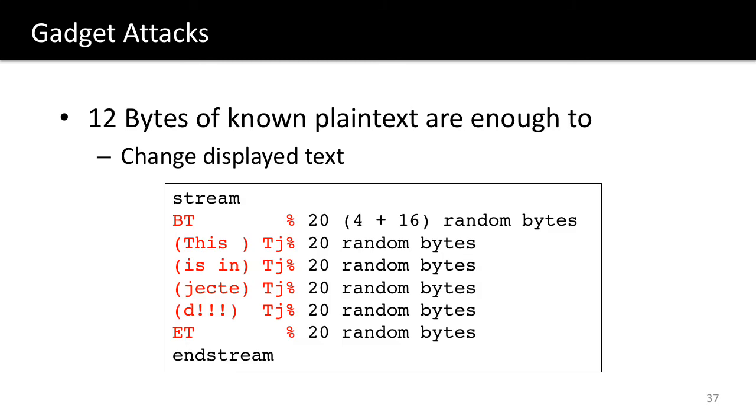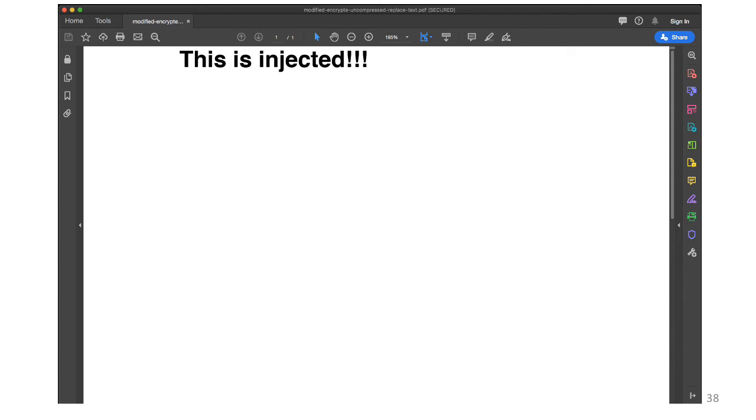And this allows us to, for example, modify stream content within an encrypted content stream through the encryption itself. All we need to do is somehow comment out the random bytes that are now in there due to the avalanche effect. And basically this results in content being injected into otherwise encrypted documents.